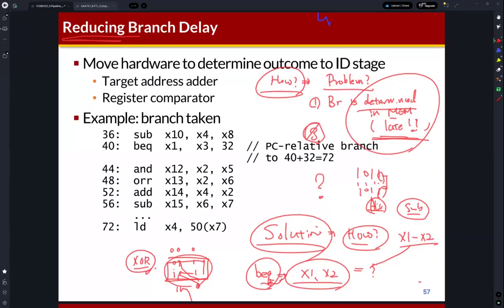So we can use the exclusive OR in parallel for these bits, and if at least one equality check result is 1, then it means the two numbers are different, right?